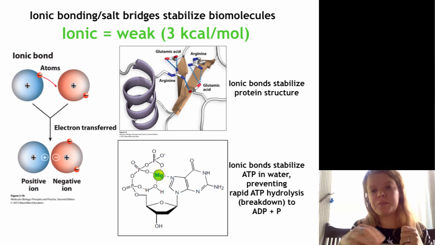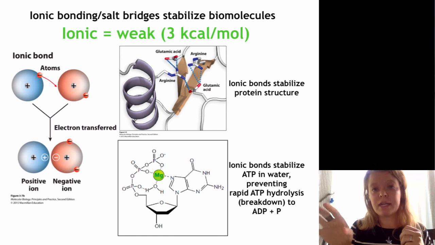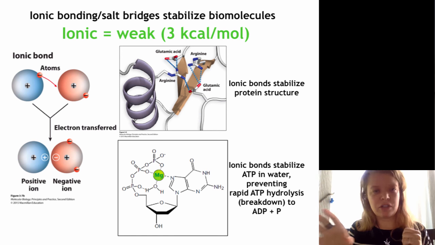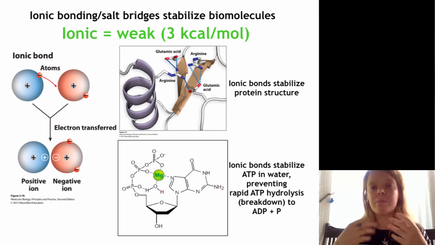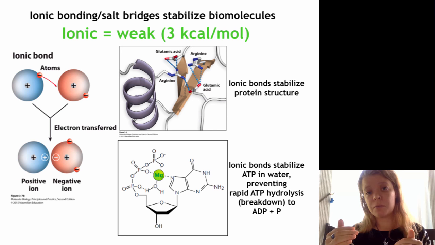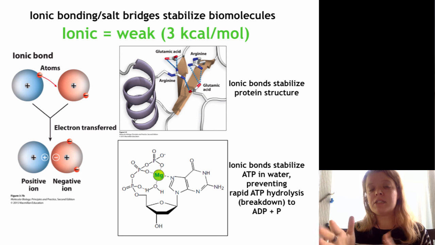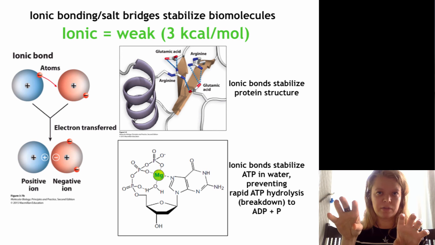The phosphate group, especially the third phosphate group of ATP, is negatively charged. It has a bunch of oxygens that have hoarded their electrons and are carrying a negative charge. Magnesium is positively charged. As a result, an ionic bond is formed between ATP and magnesium, and that does not destabilize the covalent bond between the third phosphate and the second phosphate.